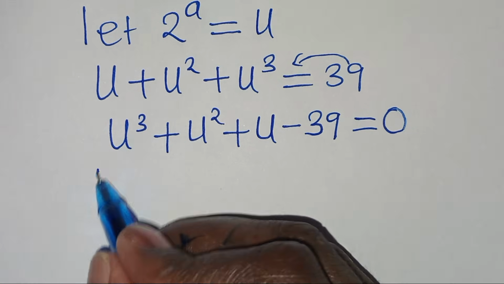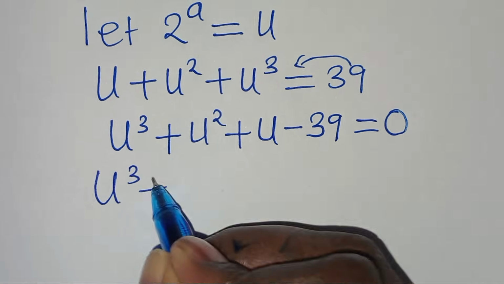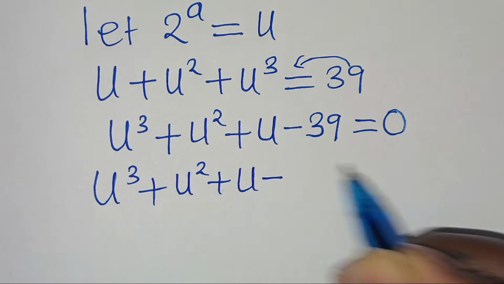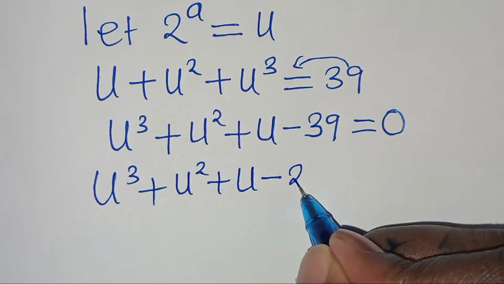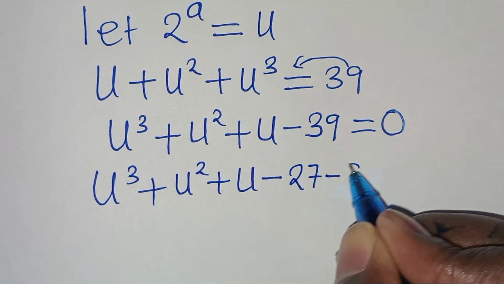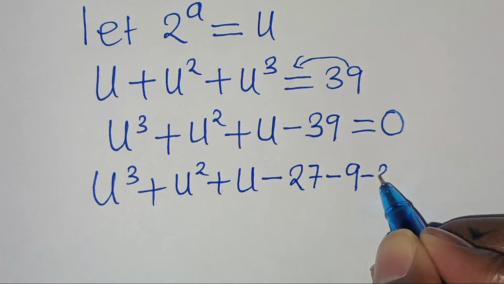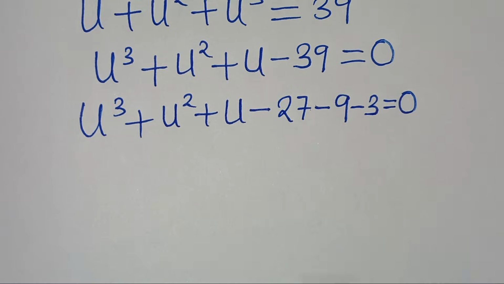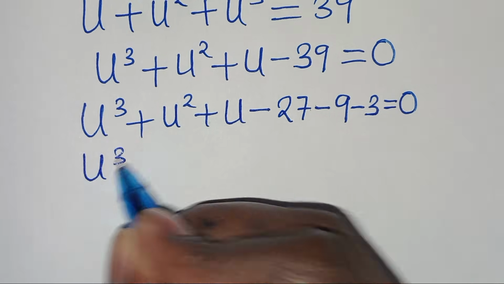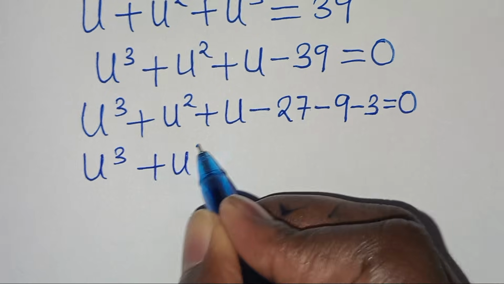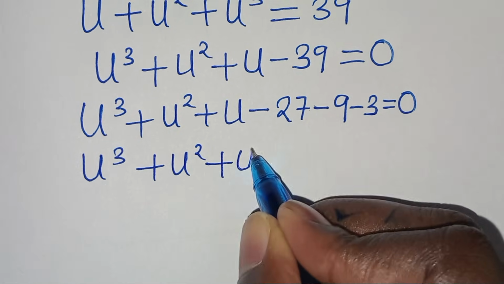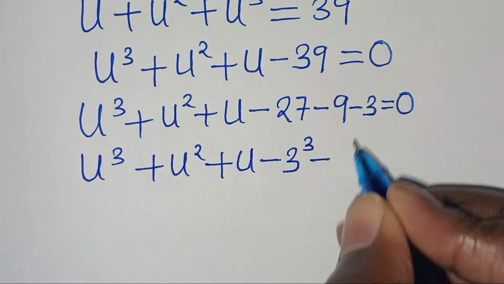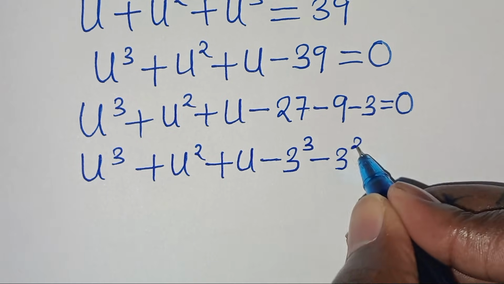Now we have u to the power of 3 plus u to the power of 2 plus u. Subtract 39, which is minus 27 minus 9. Subtract 3. This is equal to 0. So this is u to the power of 3 plus u to the power of 2, then plus u. Subtract 27, which is 3 to the power of 3, minus 9, which is 3 to the power of 2.